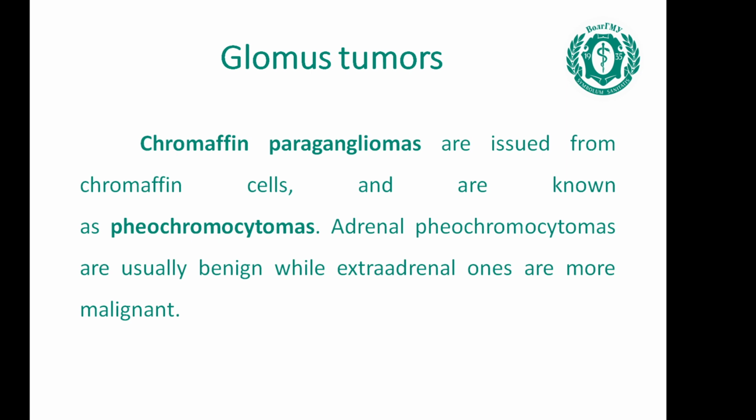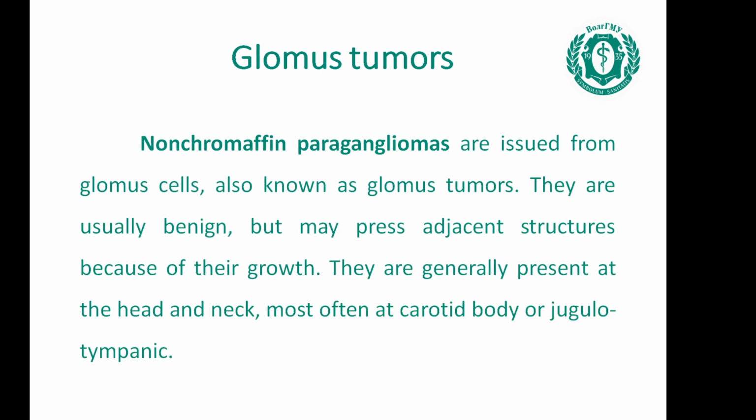Adrenal pheochromocytomas are usually benign, while extraadrenal ones are more malignant. Non-chromaffin paragangliomas are derived from glomus cells, also known as glomus tumors. They are usually benign, but press adjacent structures because of their growth. They are generally present at the head and neck, more often at the carotid body or jugulotympanic.